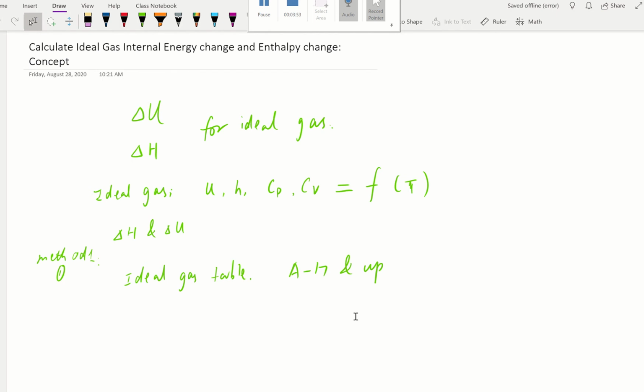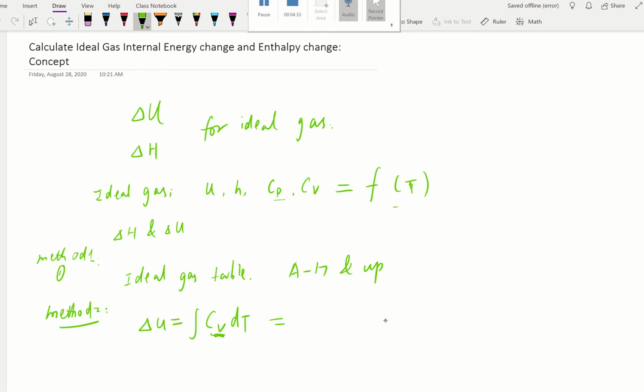Then that will be really quick for us to figure out how to solve it. And then method 2, we're going to use delta U. Remember, we started with delta U equal to the integral of Cv dT. Here we're going to take out the Cv, even though we know Cv is a function of temperature, and assume it's a constant.